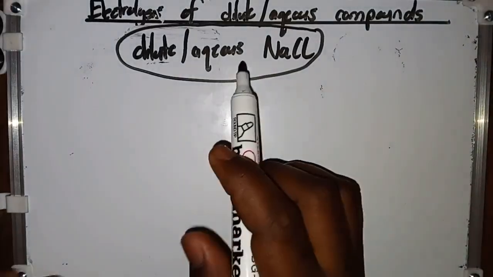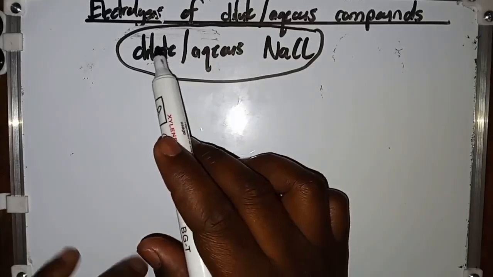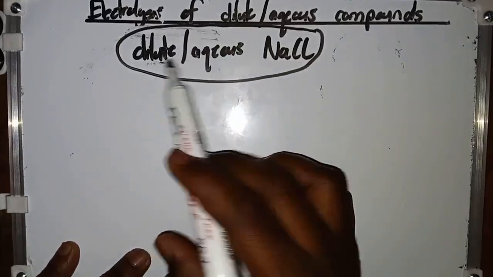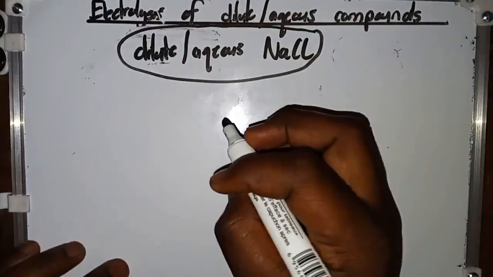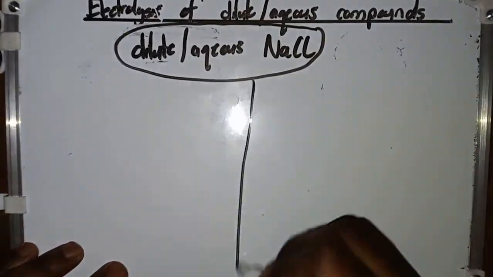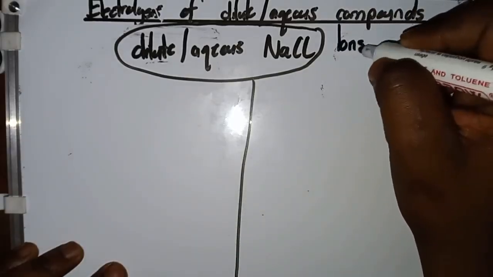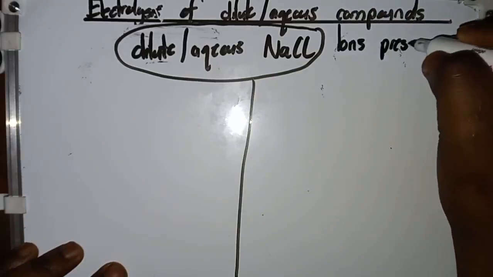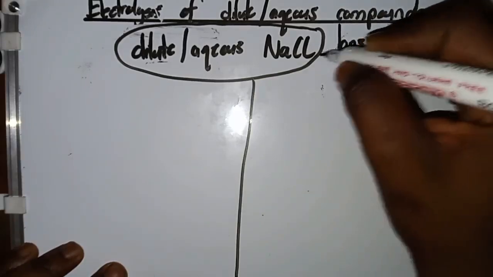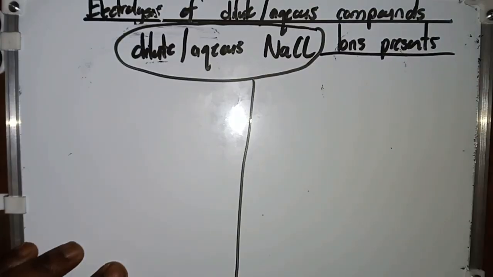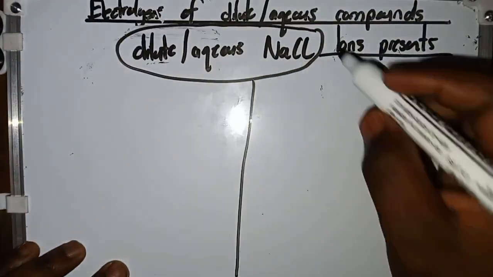Now, for electrolysis of dilute or aqueous sodium chloride, the first step is to find the ions present. That's the first step for the electrolysis of every compound: you identify the ions present. What do we have in sodium chloride?